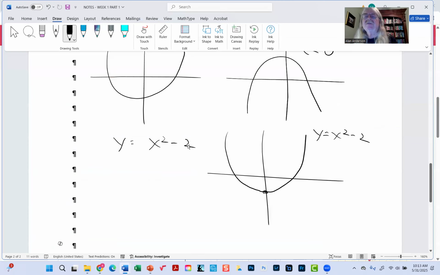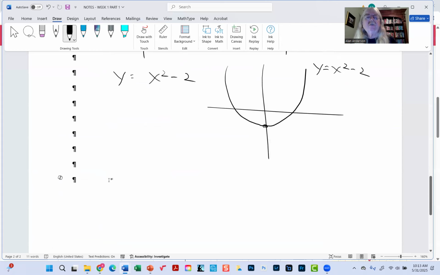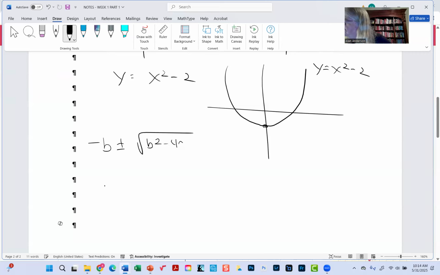You could, for example, use the quadratic formula, if you remember that from high school math or pre-calculus. So there's two solutions because it's a quadratic equation. We'll call them x1 and x2.